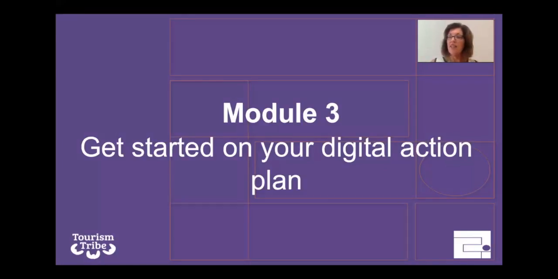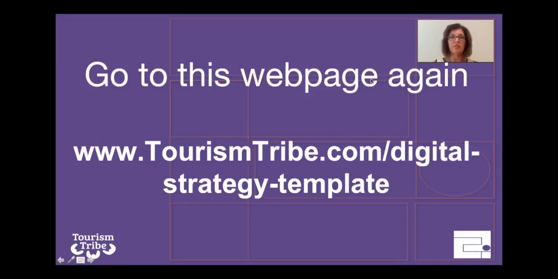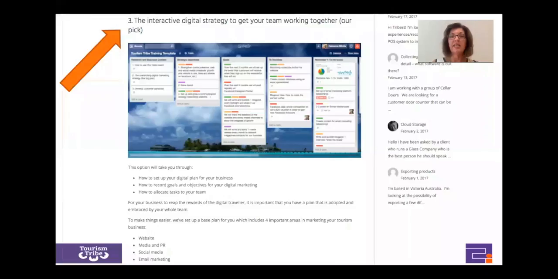So there is, once again, information about this on Tourism Tribe, because we want to put all the resources up there in the one place so you can get to them. So we've put this in that digital strategy template page. Where we went to Dropbox and downloaded the document, we came from that link, coming back into that page.